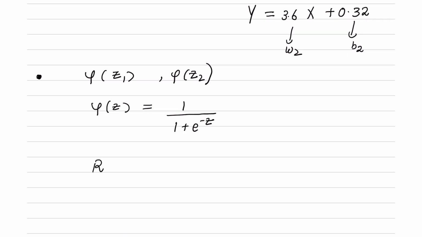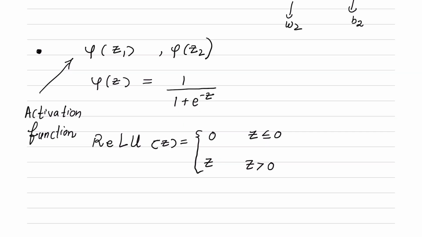or sometimes an activation function is taken as ReLU, which is described as 0 if z is less than or equal to 0 and it is z if z is positive. So this sigmoid activation function is used where we want an output in the form of some probability.